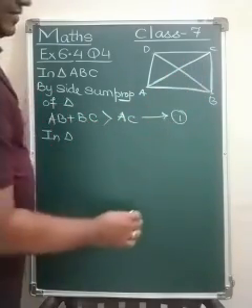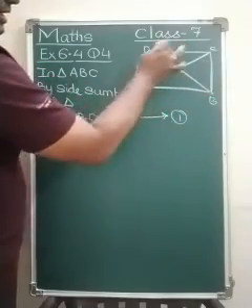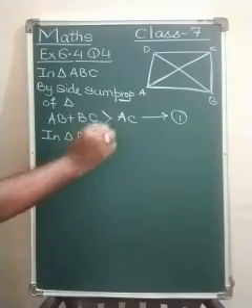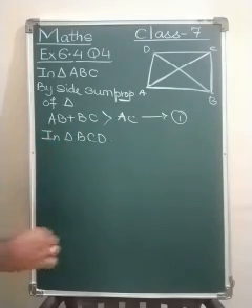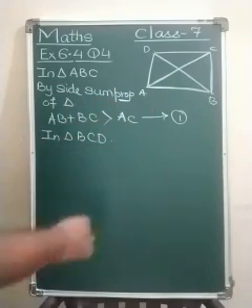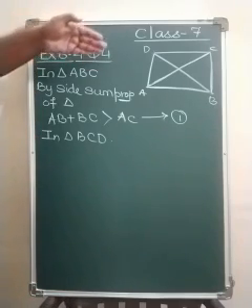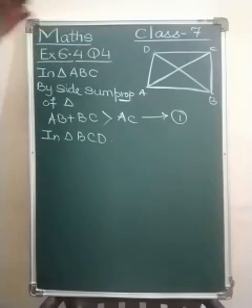Now, this one triangle we have seen, another triangle BCD. In triangle BCD, again by side sum property. So instead of writing for each and every step, we can write this at the top: by side sum property in triangle ABC.